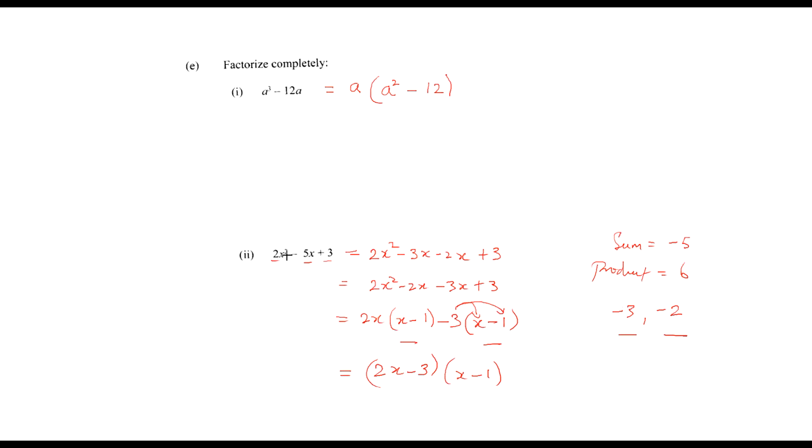Now some students can jump from the quadratic expression directly to this, which is fine, but I'm just showing you the steps because if you get a strange quadratic, then you're going to have to use a sum product method. I'm still looking at this one here, trying to see if you can factorize this further. Not really. Okay, so that is it for the June 2015 question.